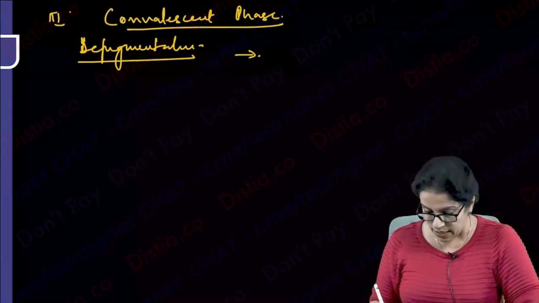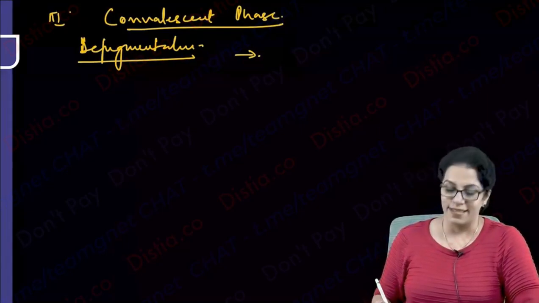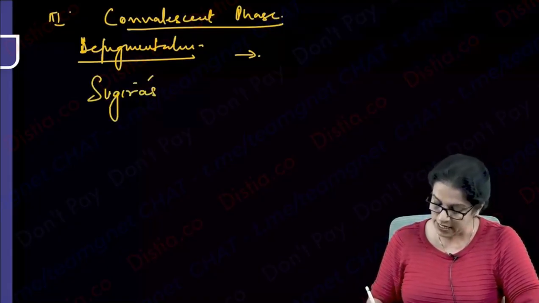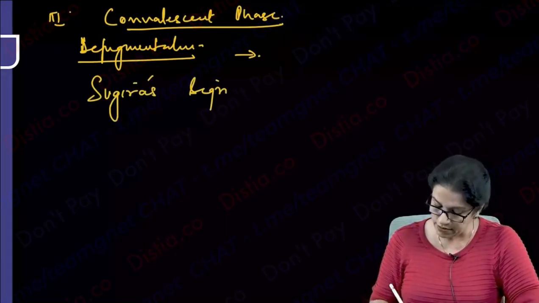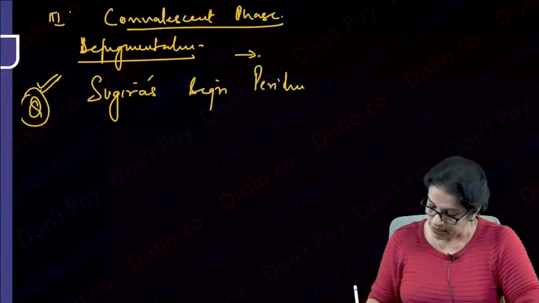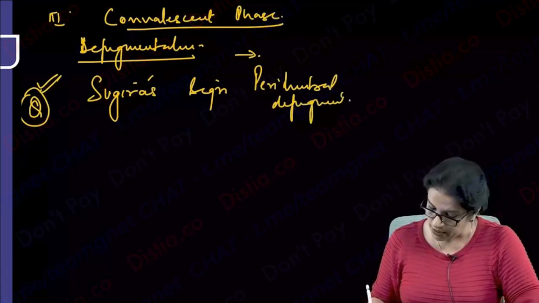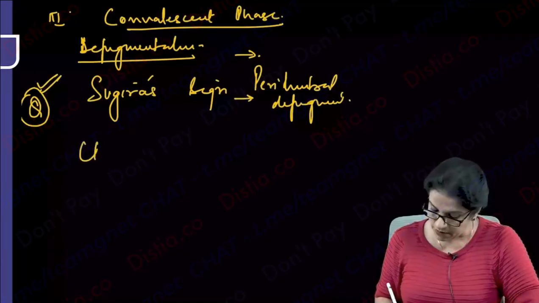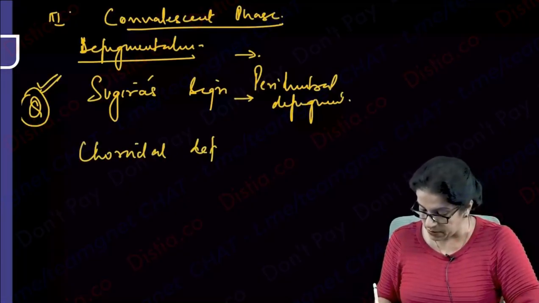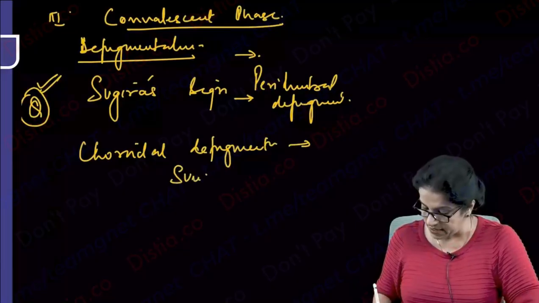Similarly, you have to know that when there is a depigmentation which is perilimbal, that is called Sugiura sign. I'll just show you the slide. So, Sugiura sign, just remember this, is perilimbal depigmentation. And when there is a depigmentation process in the choroid, this choroidal depigmentation is seen as sunset glow fundus.